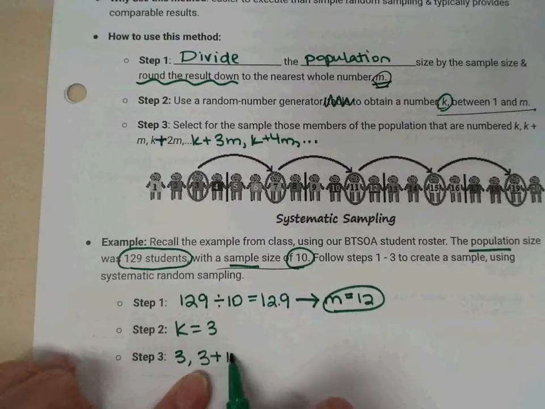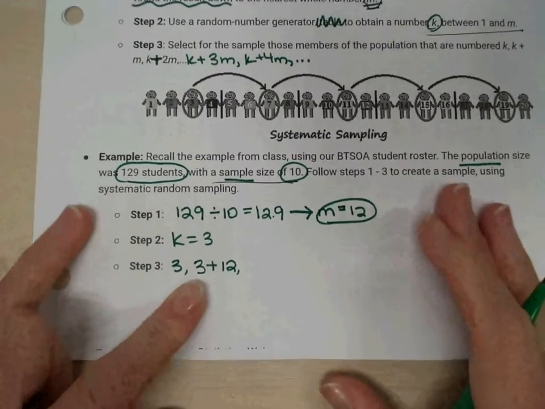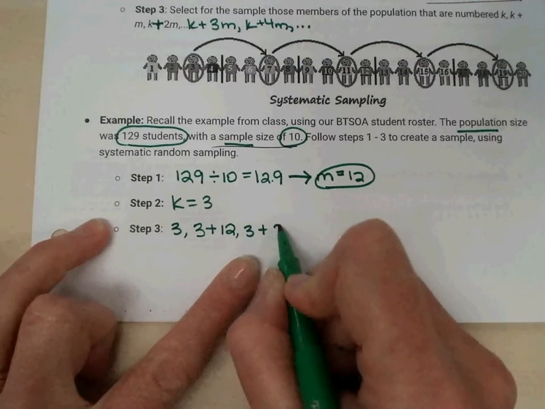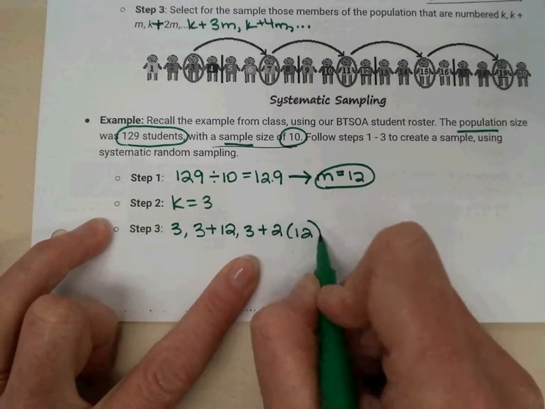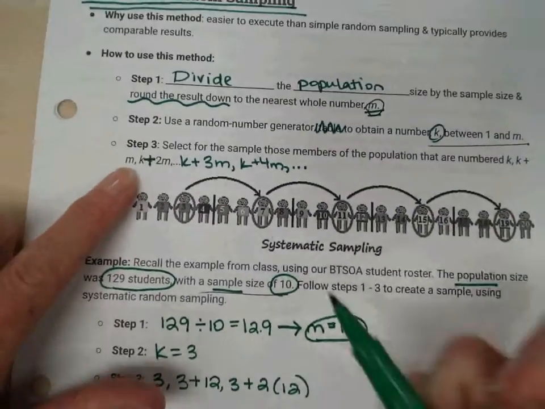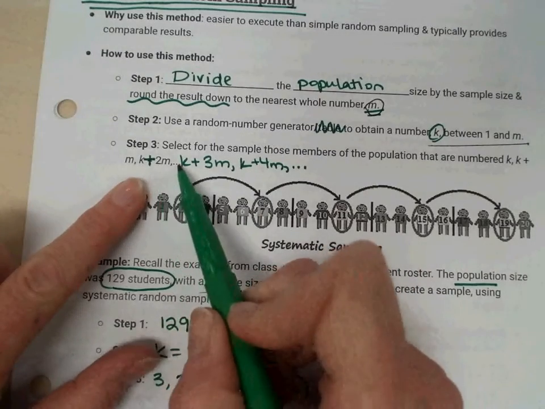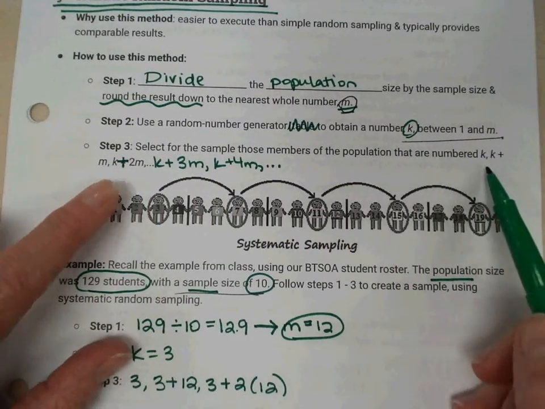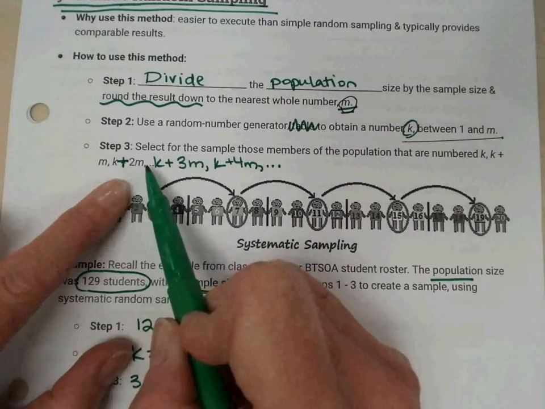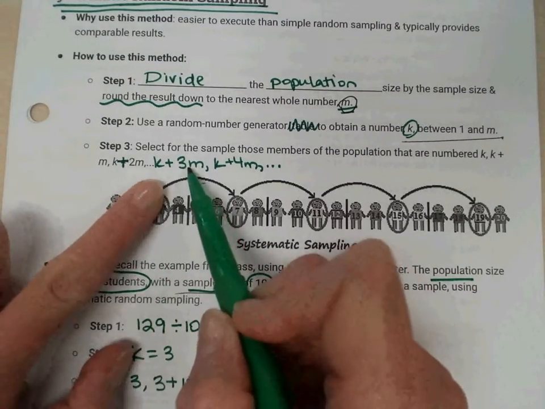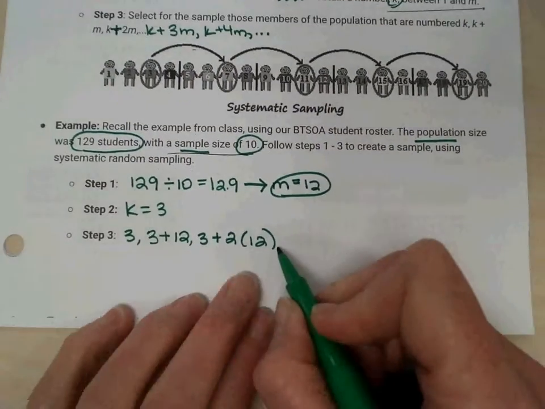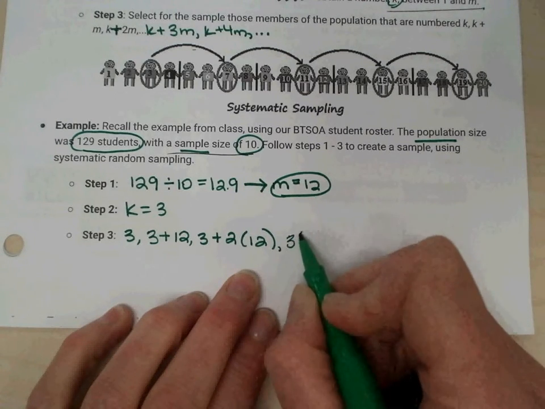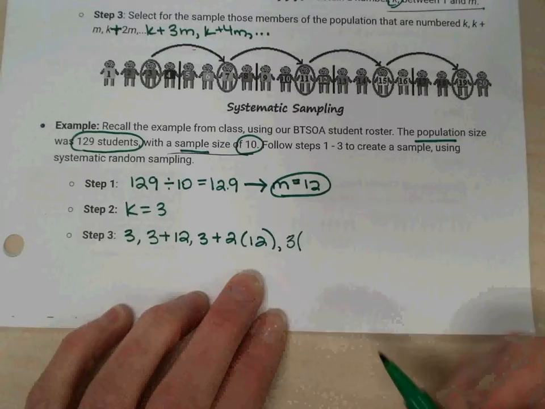So add 12, and then I'm going to do k plus 2 times 12. I'm literally following this process here in step 3. See how it says write down k, then write down k plus m, then write down k plus 2m, then write down k plus 3m. We're going to keep doing that until we get to our sample size.